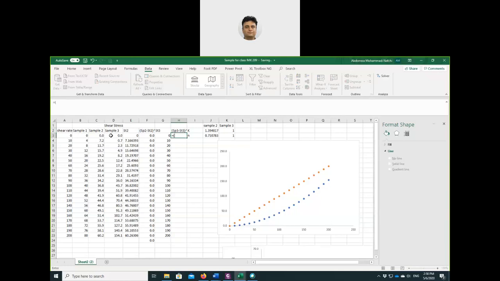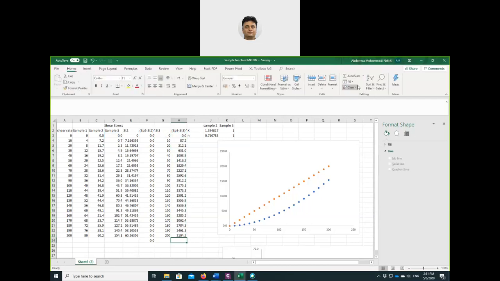This is the SP3 minus ST3 and power 2. Okay, now copy, paste all. Now I want to add, use the summation. How to sum? I sum all of this data.